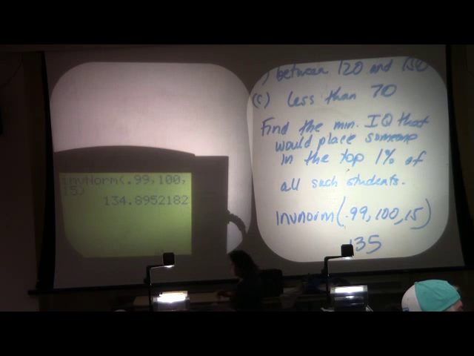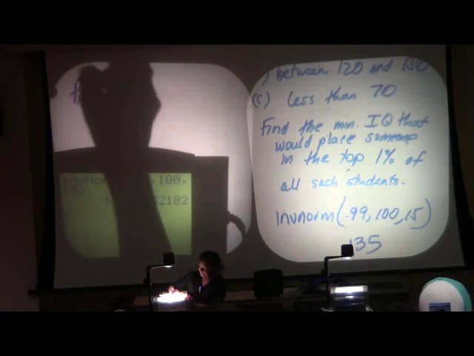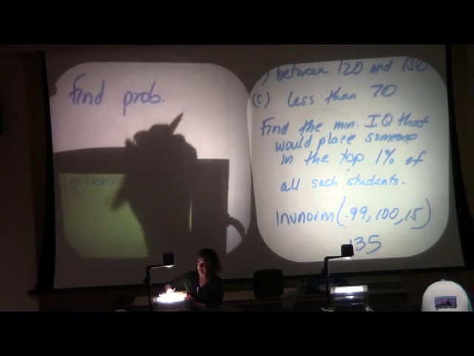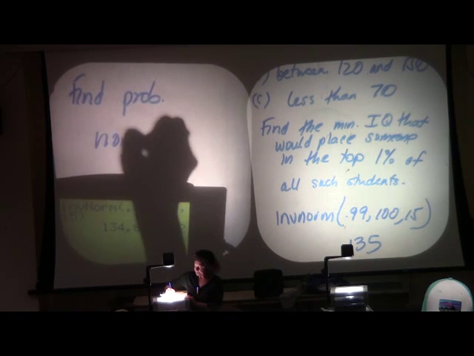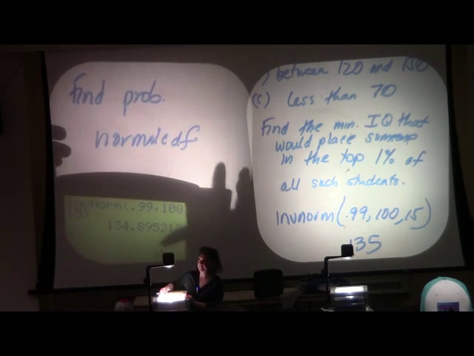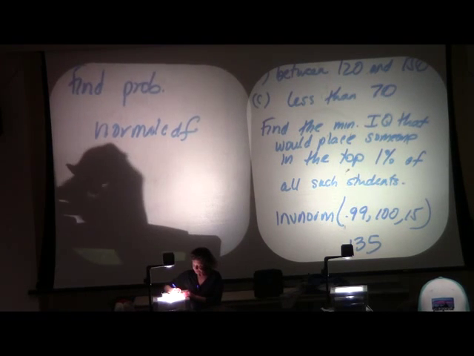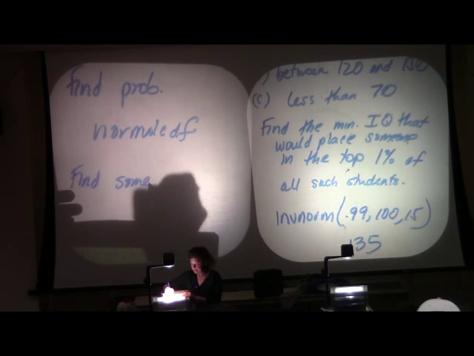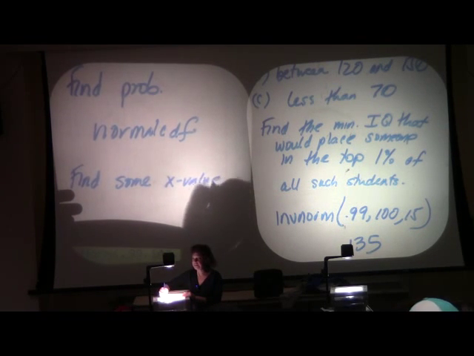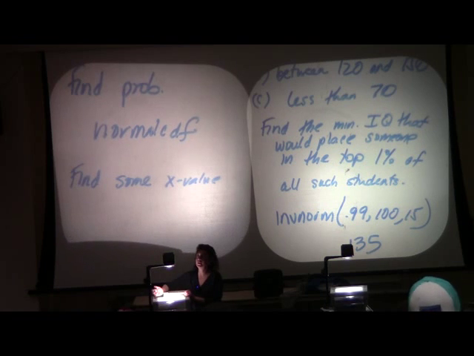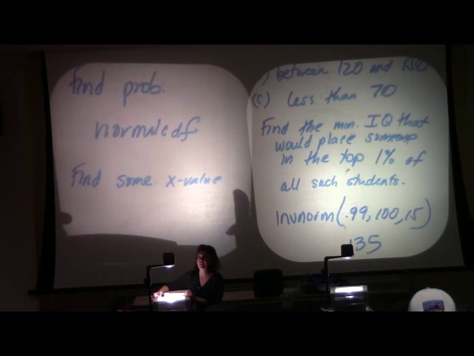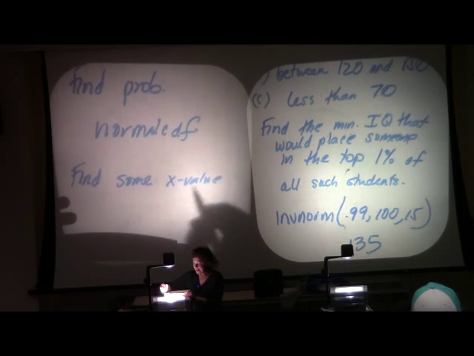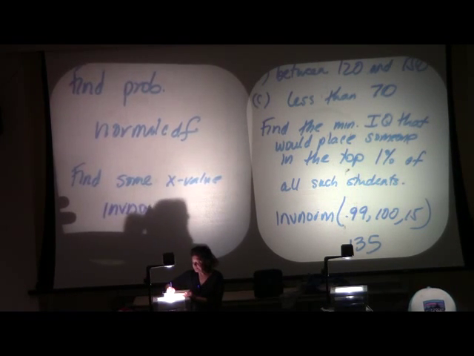So essentially, if you're dealing with a normal distribution and you want to find the probability, you do the normal CDF. If you want to find some X value, in other words an IQ, or, remember we were playing with factory workers' wages or something like that, that's when you're going to use your inverse norm.